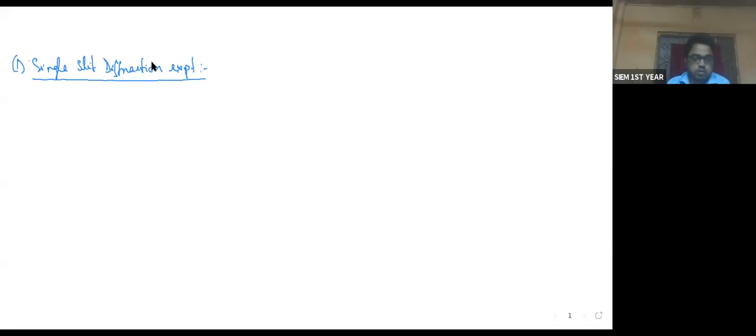Okay, so single slit diffraction pattern. And this is the big slit. This is the slit. Fine.